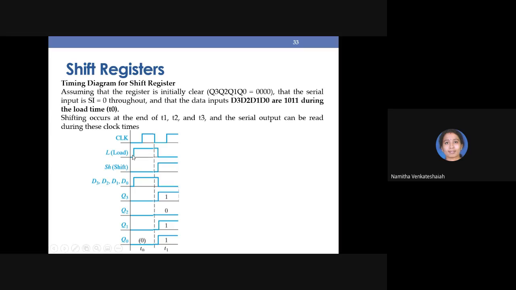Since load was 1, everything got copied. Now look, only shift is high, load is low. So what is happening, students? Shifting will happen.